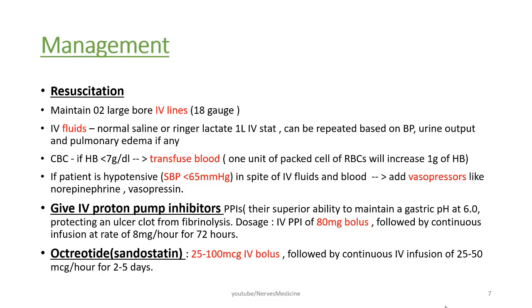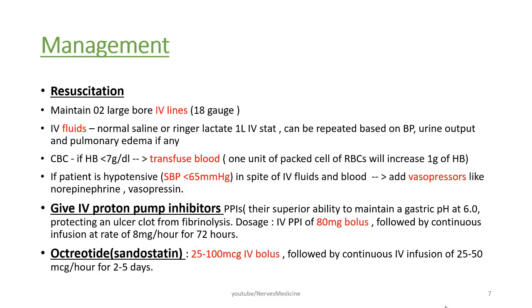If the patient is hypotensive, with systolic blood pressure less than 65 mm of mercury in spite of IV fluids and blood, add vasopressors like norepinephrine and vasopressin. Give IV proton pump inhibitors. These are superior in their ability to maintain gastric pH at 6, protecting an ulcer clot from fibrinolysis.